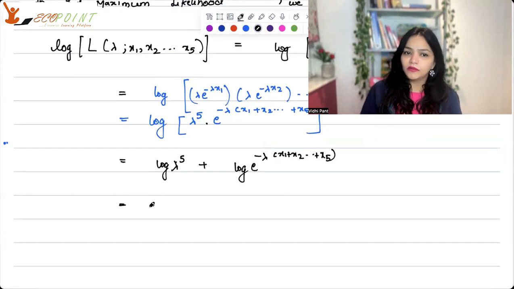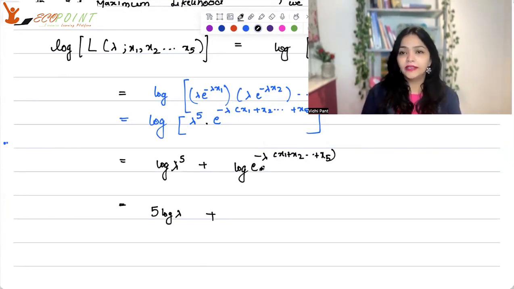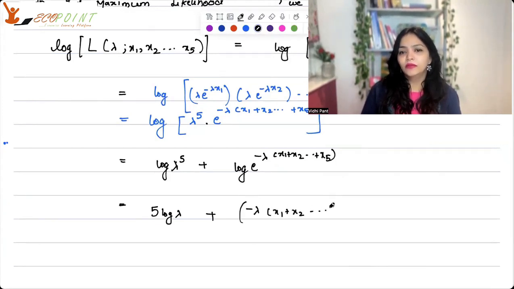By the properties of log, this becomes 5 log lambda. And here log and e are inverses of each other, so just the power comes in: minus lambda times (x1 plus x2 till x5).